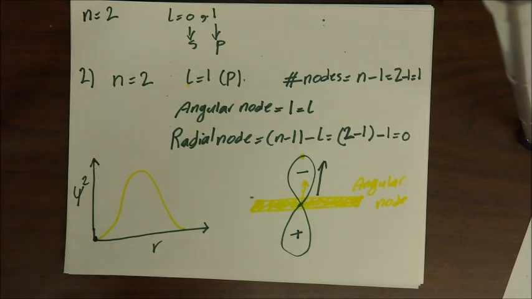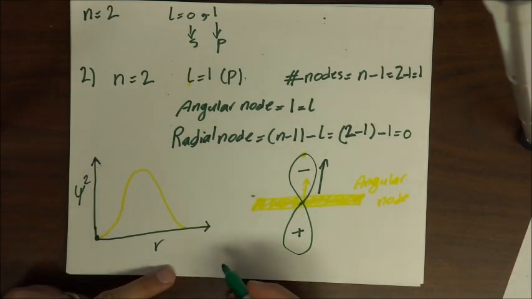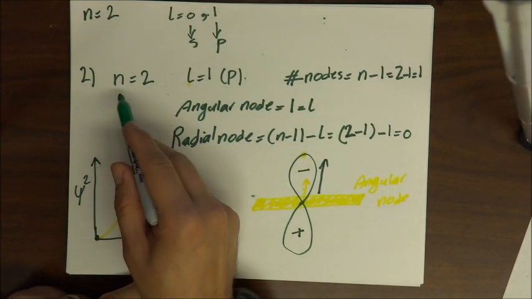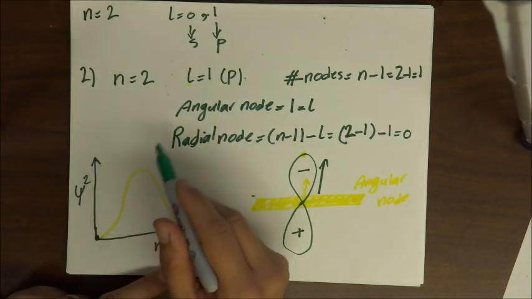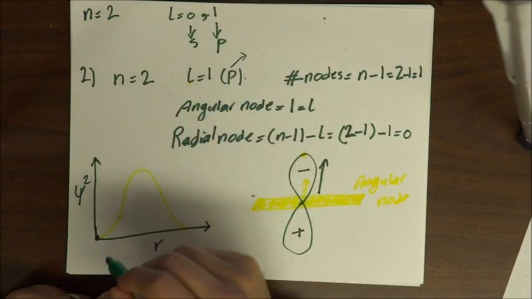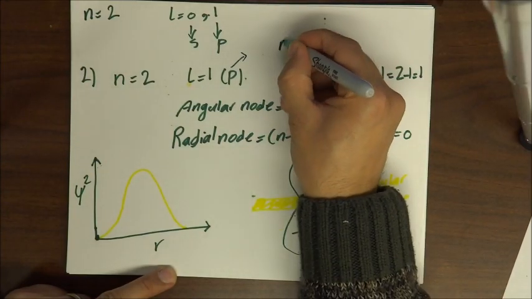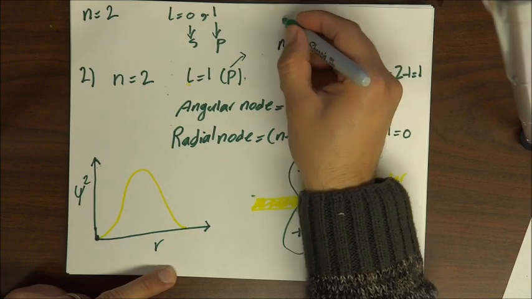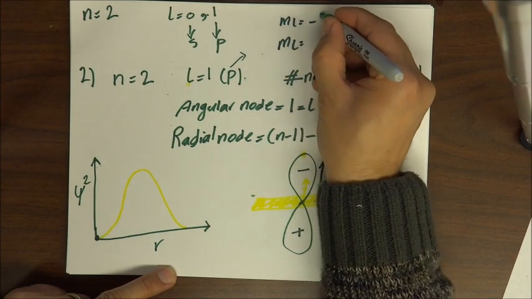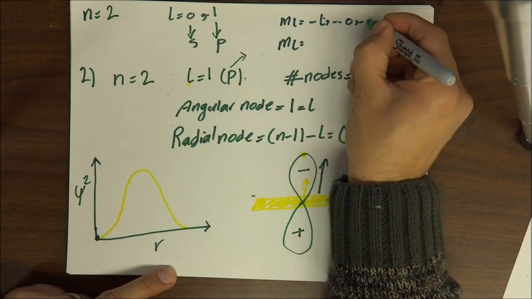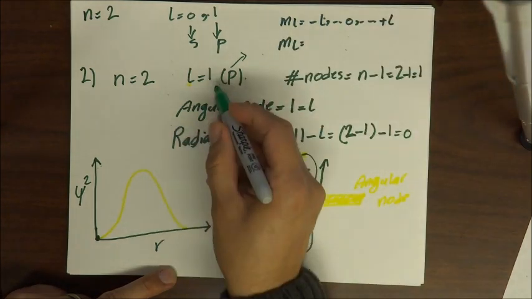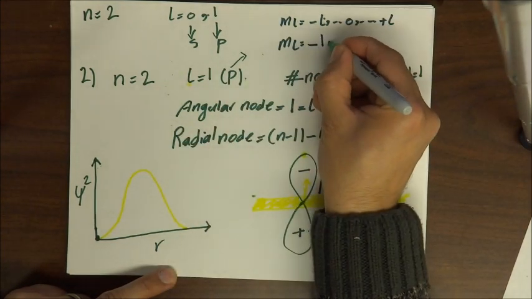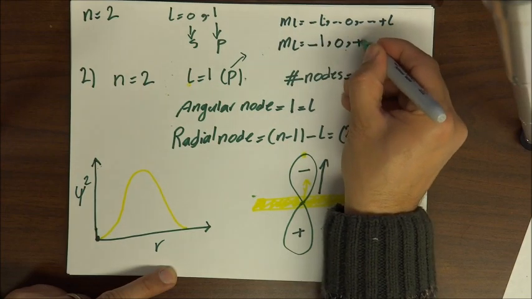Last thing I need to say about the 2p orbital is the magnetic quantum number. For n equal to 2 and L equal to 1, because L is equal to 1, ML will be minus L to 0 to plus L. L is 1, so you will have minus 1, 0, and plus 1.